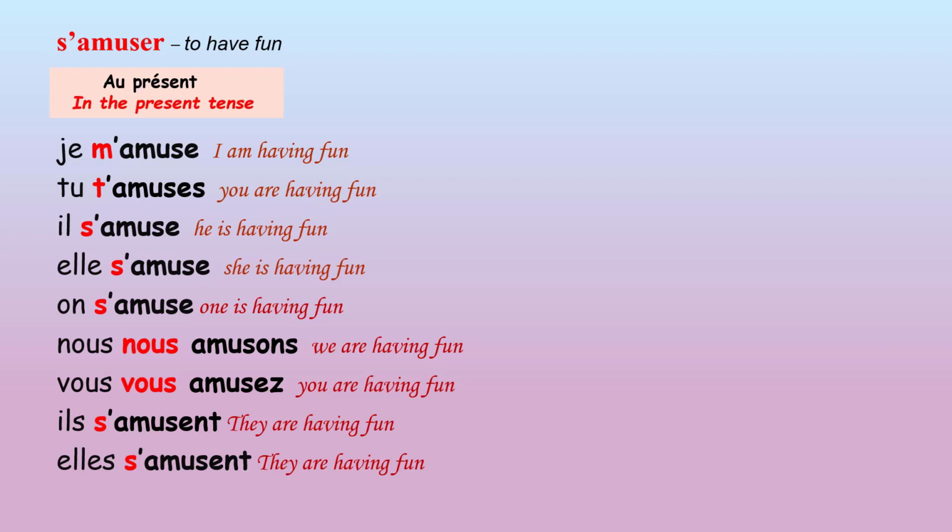Now let's have a look at another verb, which is s'habiller, which means to get dressed. Again, the e is removed here and an apostrophe is added because the verb begins with a mute h.